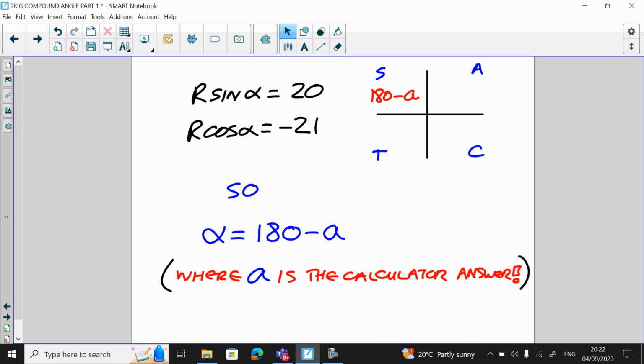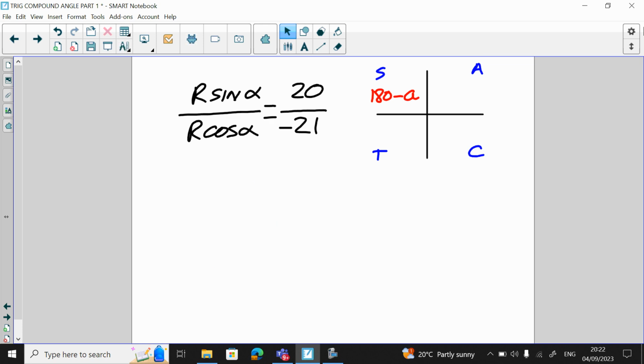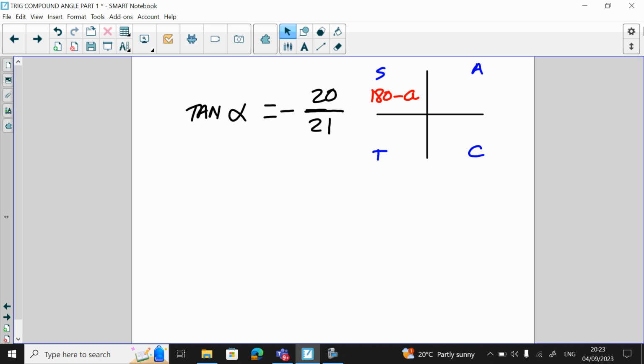Because of the quadrant check, alpha initially in your calculator, what we're calling A, is 0 to 90. So alpha is in the second quadrant, so we need to get a calculator answer first. Going through this process, get rid of R: sin alpha over cos alpha is tan alpha, negative 20 over 21.